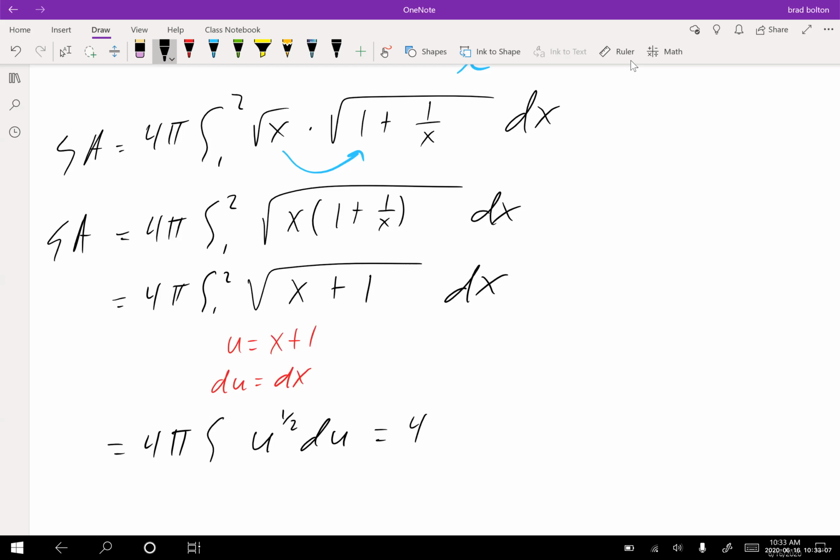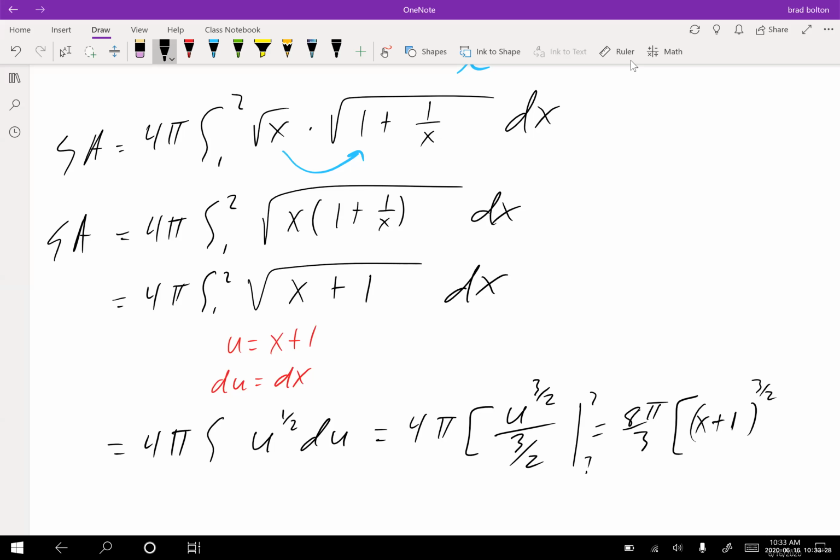So this will become 4 pi times u to the 3/2 over 3/2, so this is going to become 8 pi over 3. U was x plus 1, so this will become x plus 1 to the 3/2 power from 1 to 2.